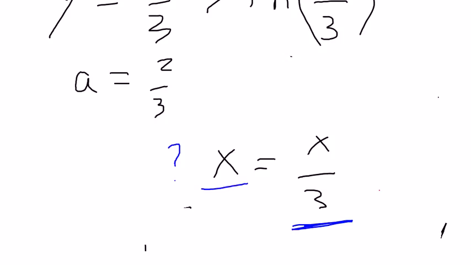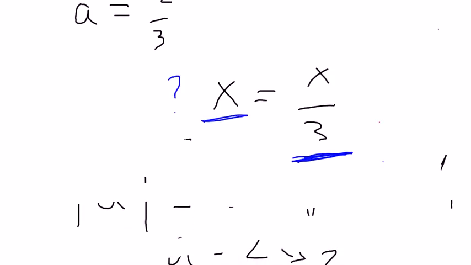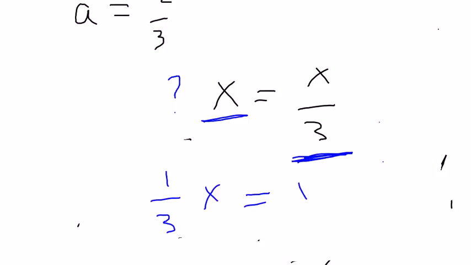What do I multiply x by to get x over 3? Well, with a little bit of thinking, we come up with 1/3. It's the only thing I could possibly multiply x by to get x over 3. So this will always equal our b value, whatever we multiply x by.